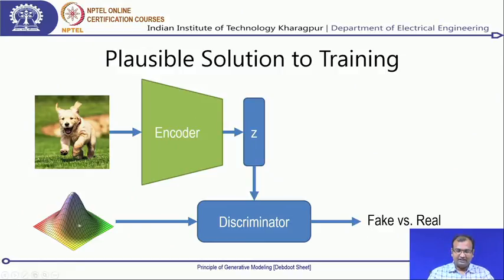You can say that anything which comes from this Gaussian is real, in the sense that it follows the real distribution which you would assume that z follows, and whatever is coming from the encoder route is what you would call fake. Now, you are going to train this network in order to discriminate whether it is coming through this route or this route, to identify the origin of it, whether it is from a random distribution or from an image, based on just the value of this z, the latent variable.